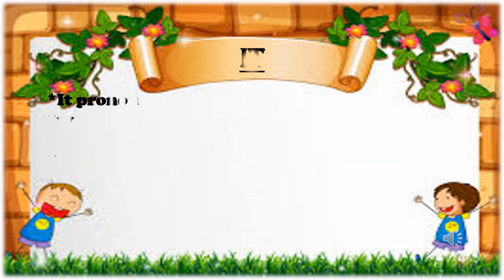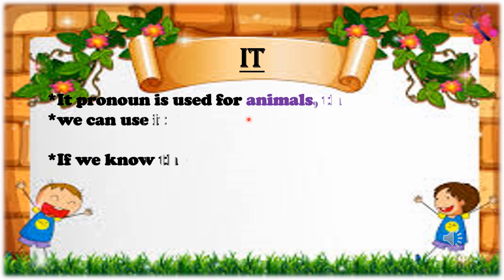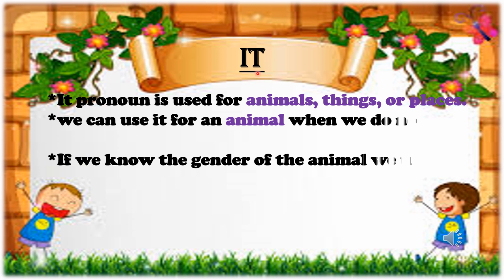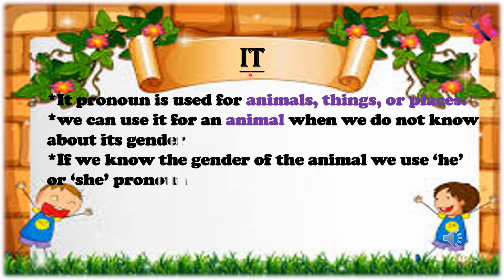Now, we are going to learn about the pronoun it. The pronoun it is used for animals, things or places. We can use it for an animal when we do not know its gender. If we know the gender of the animal, we use the pronoun he or she for that animal.